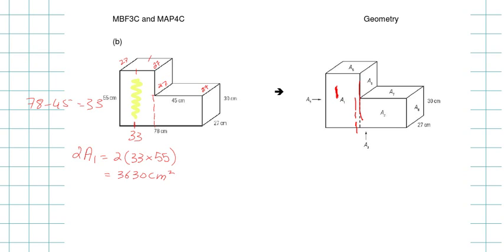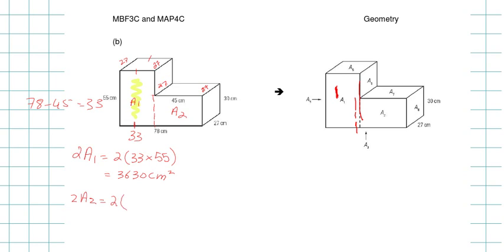Now I'm just going to move on with the same naming that they've named. So I have A2. A2 is right here. How many A2s do I have? 2. This one and the one behind it, right? So again, I have 2 A2, and A2 is made of the 45.